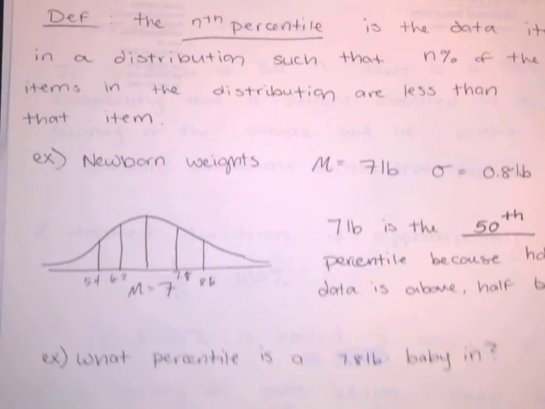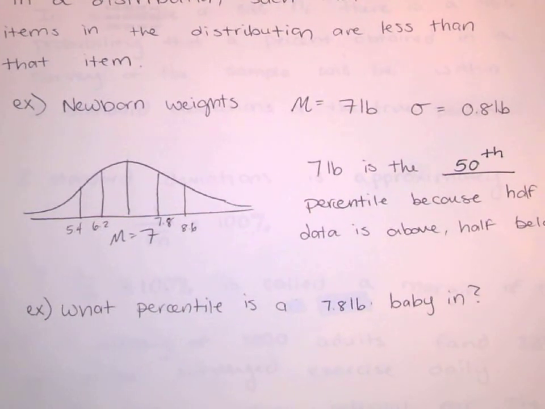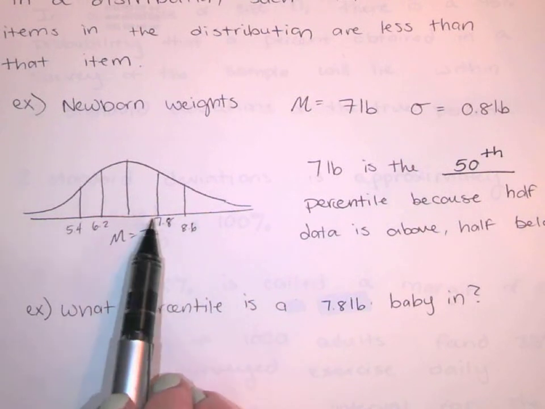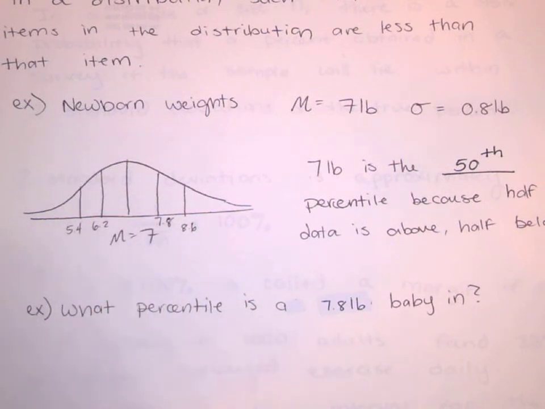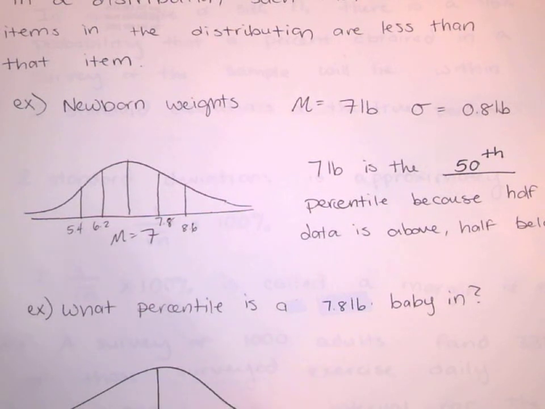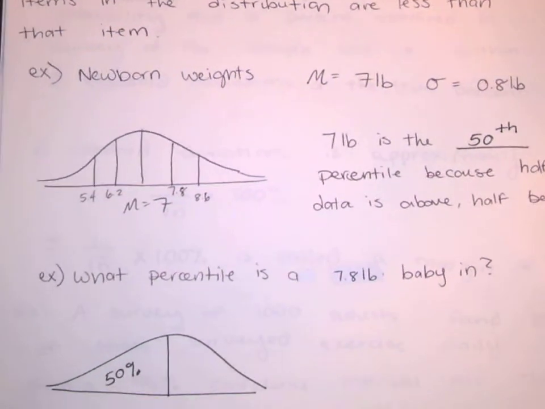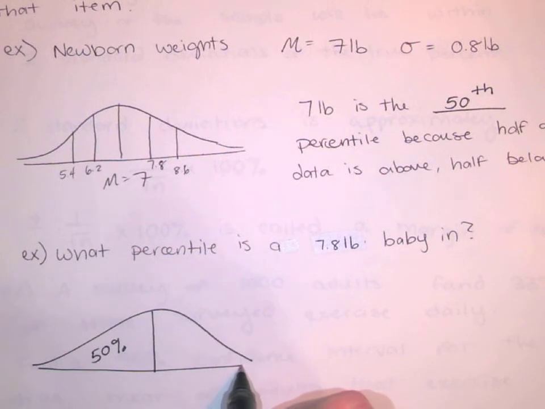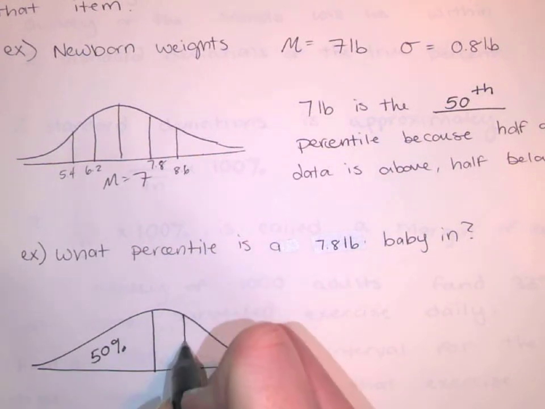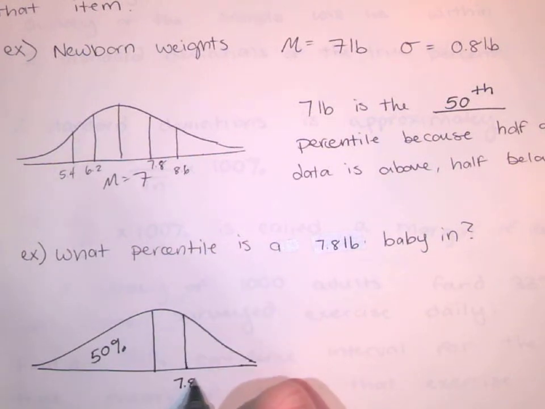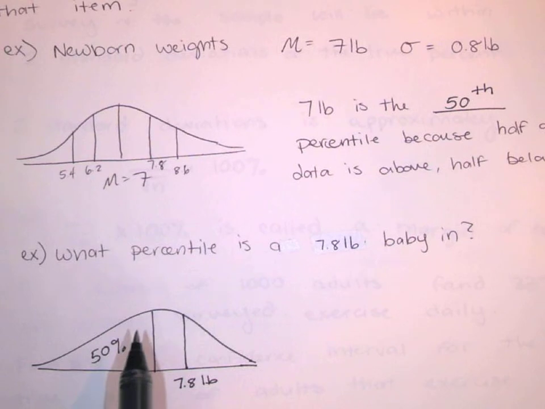Now let's ask, what percentile is a 7.8 pound baby in? 7.8 is 1 standard deviation above the mean. So 50% of the data is below the mean on this normal curve. 1 standard deviation above gets me to 7.8 pounds.